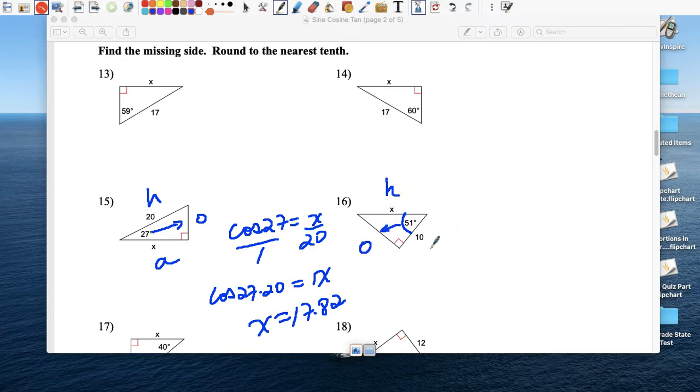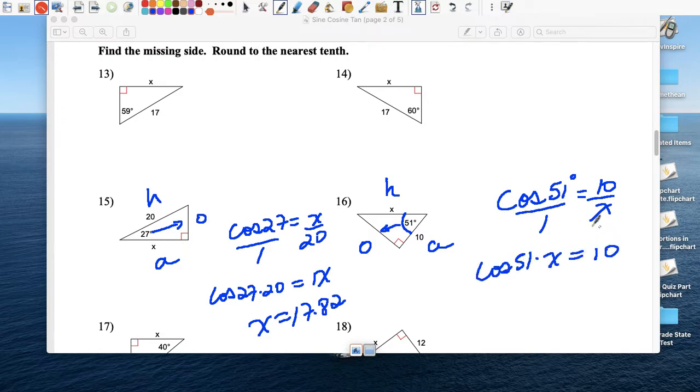Next, here's our angle, 51, which points this way, so that makes this our opposite. This is the hypotenuse, and this is the adjacent. Opposite I have no information on, so this would be adjacent and hypotenuse, cosine. So cosine of 51 is adjacent, 10, over x. Cross multiply, so we get cosine 51 times x equals 10.